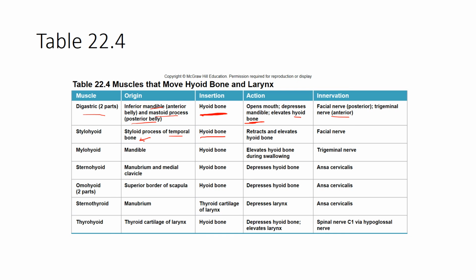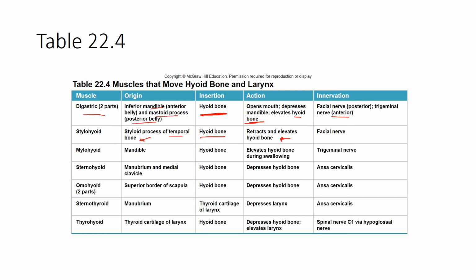But all of them have their insertion at the hyoid bone, so it's easy to know the insertion. So mylohyoid, the origin will be the mandible, the insertion the hyoid bone, and it elevates the hyoid bone during swallowing. So it helps with talking, swallowing, and everything. The stylohyoid retracts and elevates the hyoid bone, I'm sorry. The mylohyoid elevates the hyoid bone during swallowing.